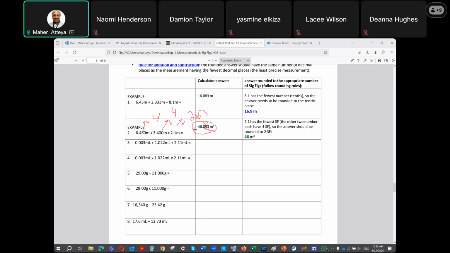The answer from the calculator has 5 significant figures, correct? So I need my answer to be 2 significant figures. So the 0, 5, 3 will be deleted, and my answer is 46, 2 significant figures.